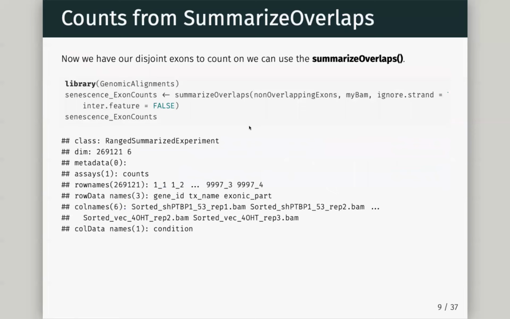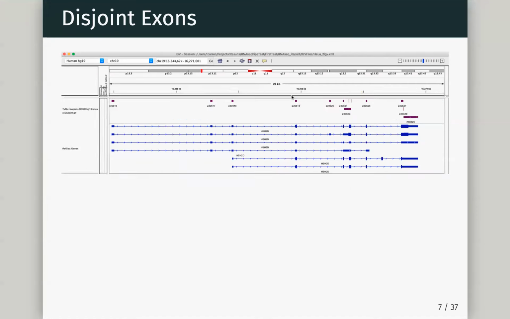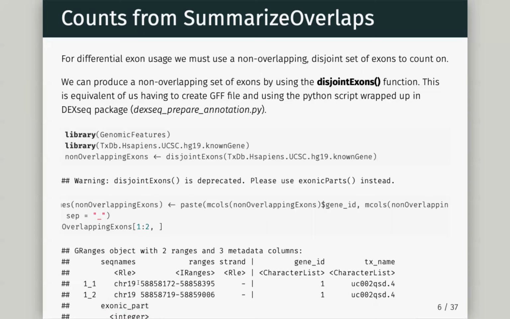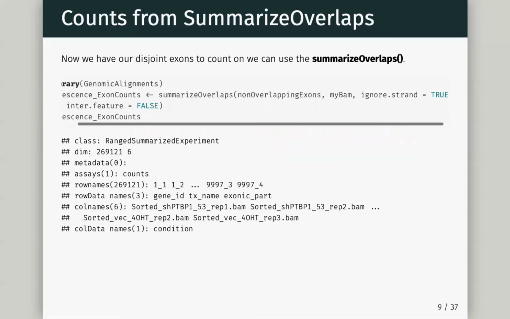So now we have these disjoint exons. We can use the same trick that we did previously to summarize over genes. Okay, we just need to do it a little differently. Previously, when we summarized over genes, we provided a GRangesList. Okay, so the non-overlapping exons is just a GRanges.